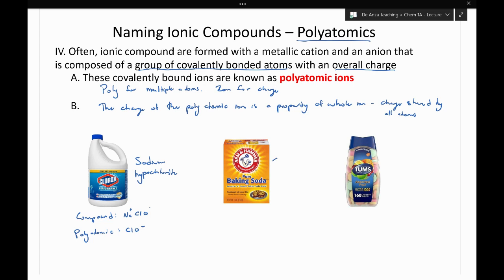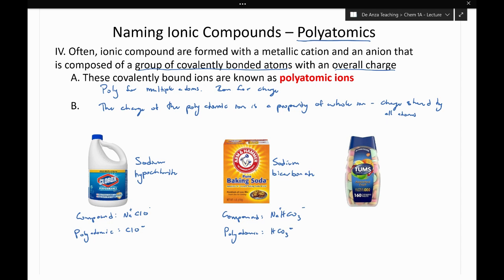Another example of this is sodium bicarbonate, which is by definition what baking soda is. The formula for this is simply Na and then HCO3, where your polyatomic here is everything but the sodium. So that HCO3, and if sodium has a plus charge, that must mean HCO3 has a minus charge to have charge neutrality.